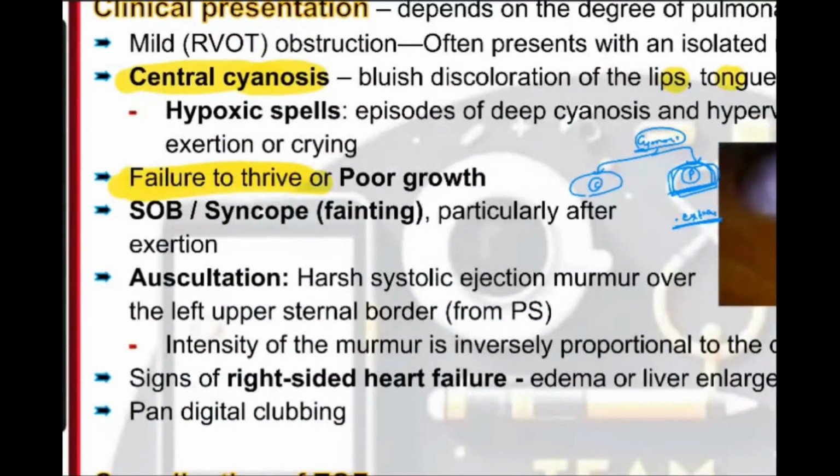Even if the baby thrives, growth is poor. Even when the baby becomes a child, as soon as they take their first steps, they develop SOB, because to walk we need oxygen. Muscle needs oxygen to contract.